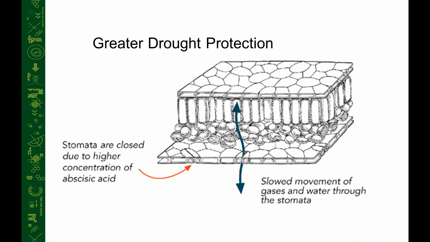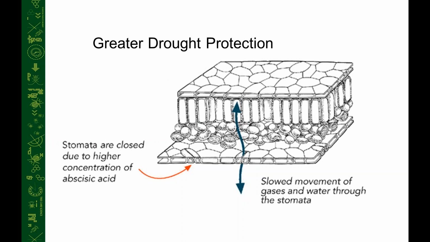Now let's start digging into some of the science behind how this stuff is working from a beneficial standpoint. The one thing we discussed is we are going to see greater drought protection when we apply a type 2 plant growth regulator like Cutless. What we see is that the increased amount of abscisic acid helps the stomates to close.